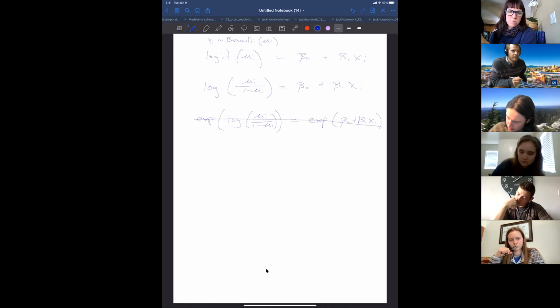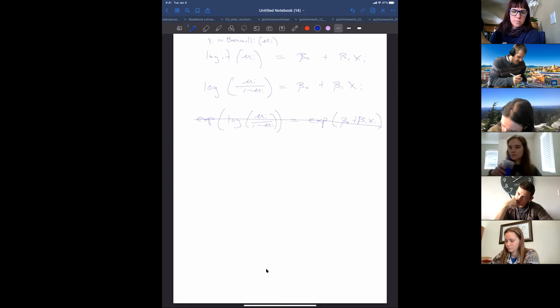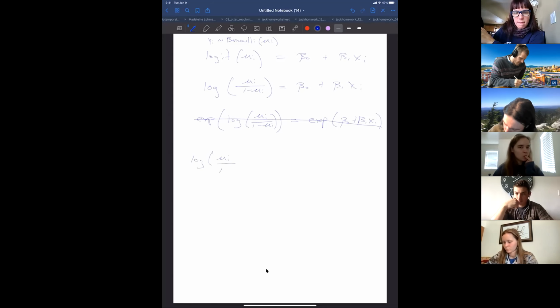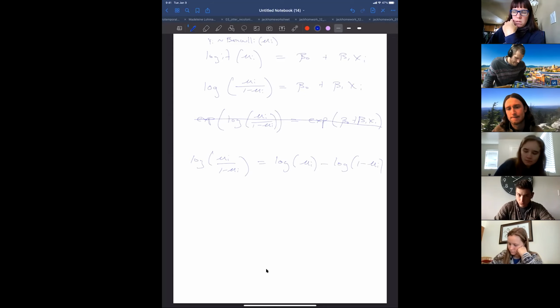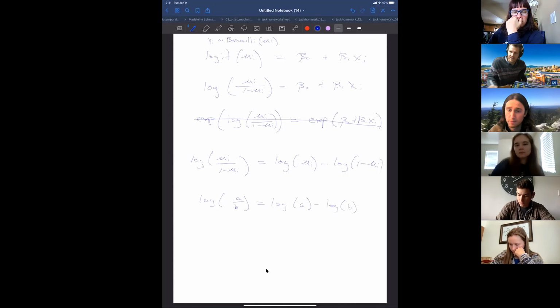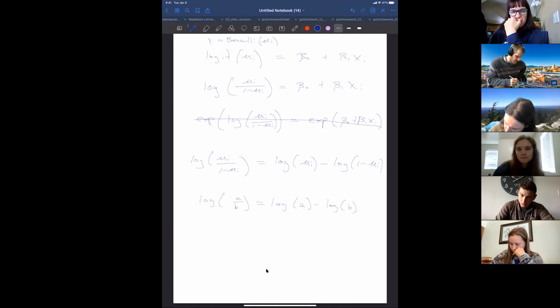One of the log rules that you may not be familiar with unless you've dusted off the rules of logarithms recently is that if you take the log of mu I divided by 1 minus mu I, this is also equal to the log of mu I minus the log of 1 minus mu I. So the log of A divided by B equals log of A minus log of B. This is one of the reasons working in logs is nice, because it changes all these divisions and multiplications into addition and subtraction.